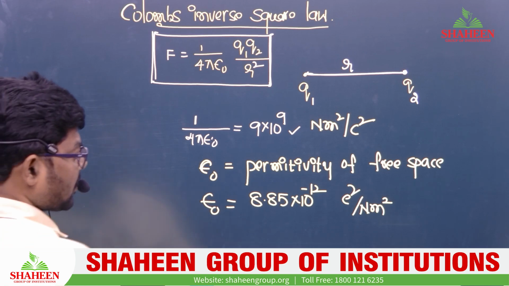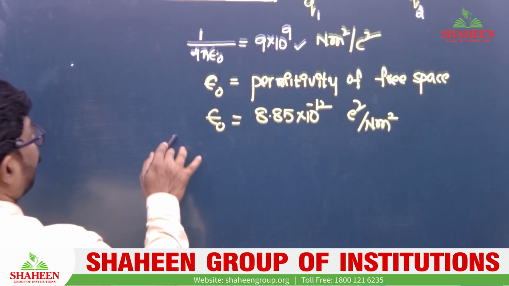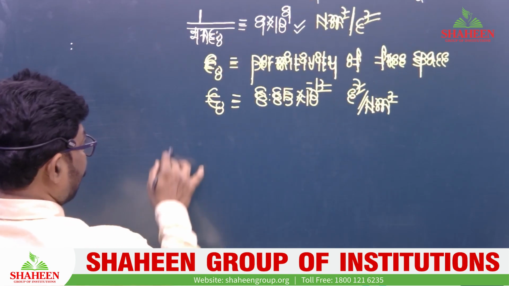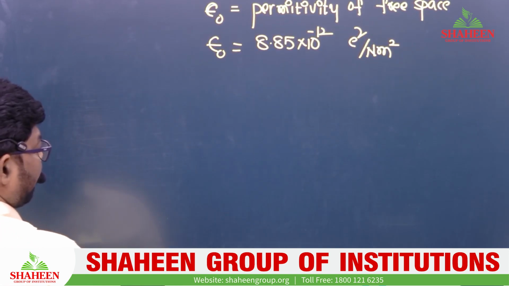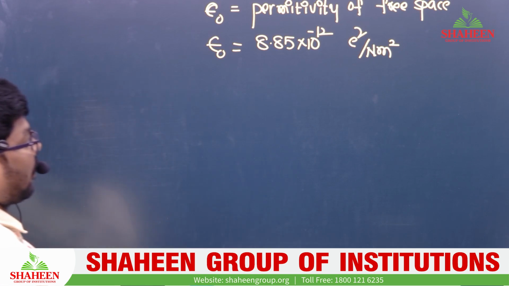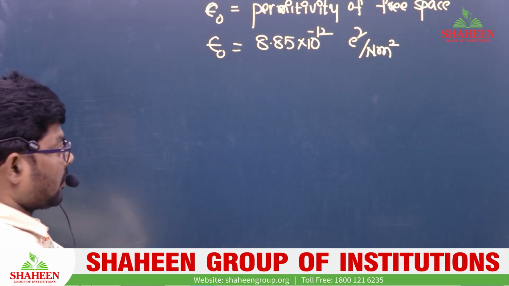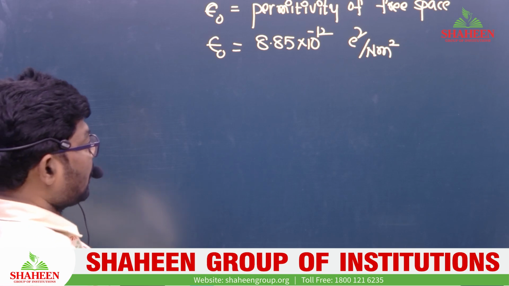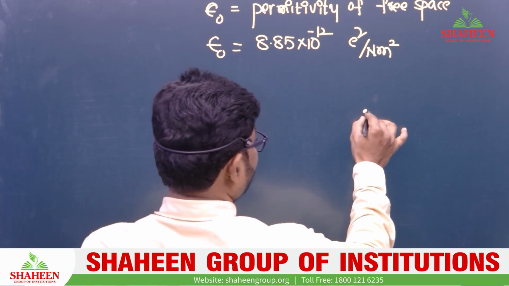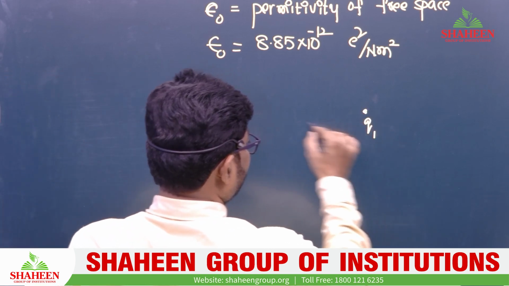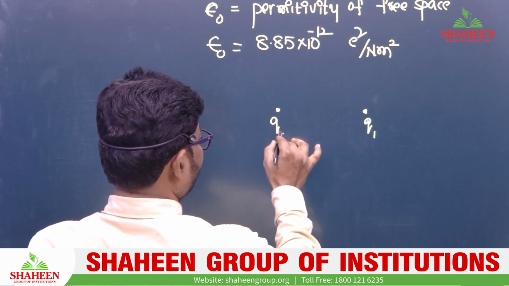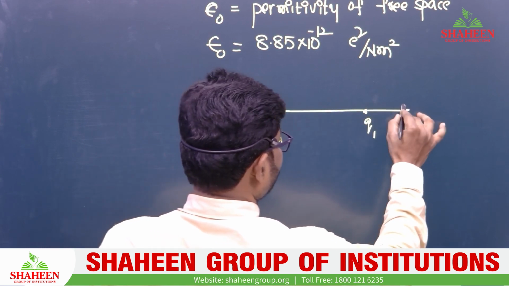Now based on this, some applications we have to see. We have to find out net force, net force due to a group of multiple charges. So there is one charge here, Q1, and one more charge, Q2. What is the force between these two?